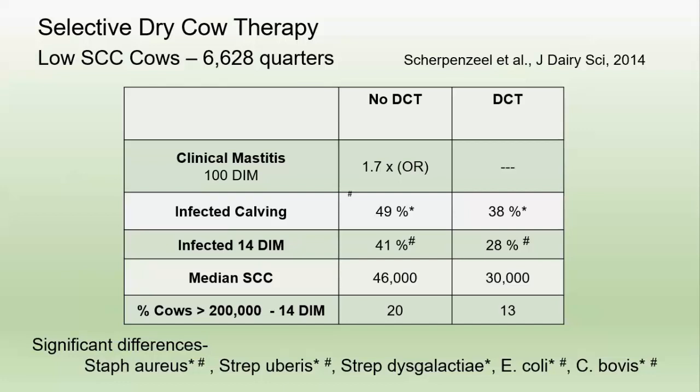There were significant differences, especially for the non-dry cow therapy versus the dry cow therapy group, for most of the gram-positive organisms such as Staph aureus, Strep uberis, and Strep dysgalactiae, as well as E. coli.